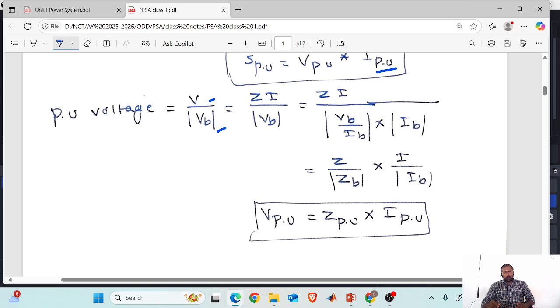So this remains the same, and you can split and write Z divided by, instead of VB by IB you can write ZB, and I divided by IB. So this is per unit impedance Z divided by ZB, and this is per unit current I divided by IB, right? So this is the per unit voltage: per unit impedance into per unit current.